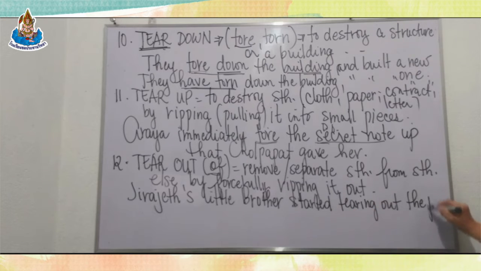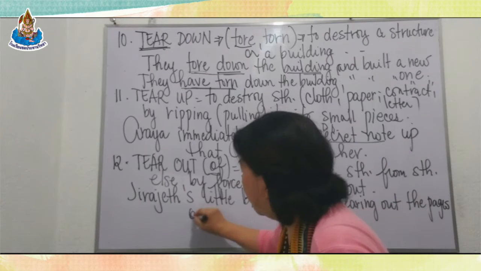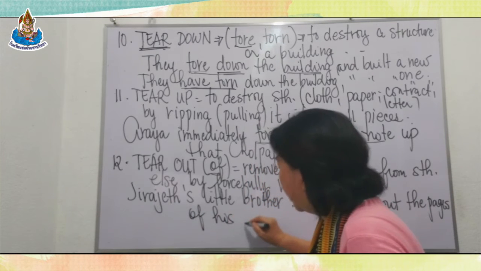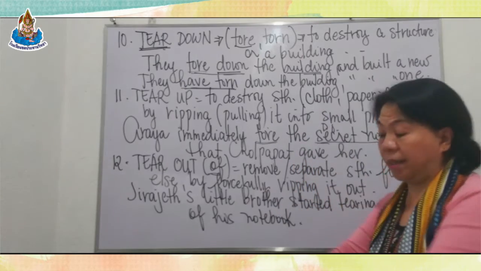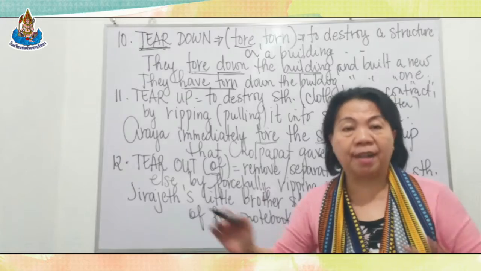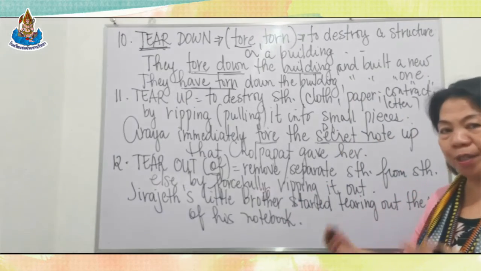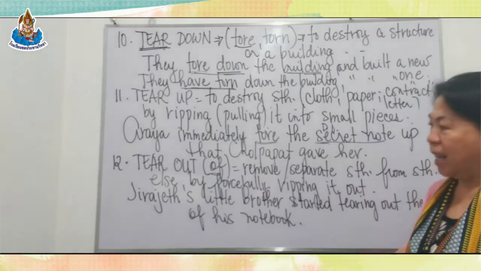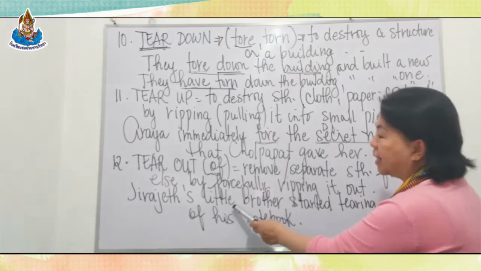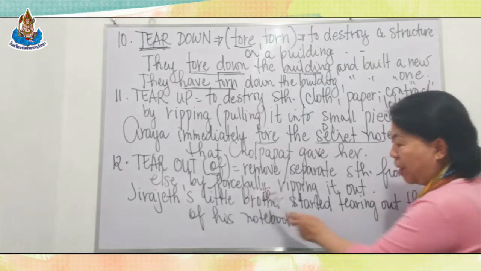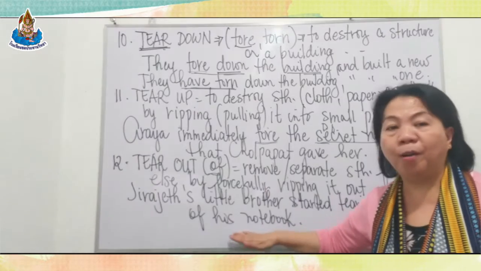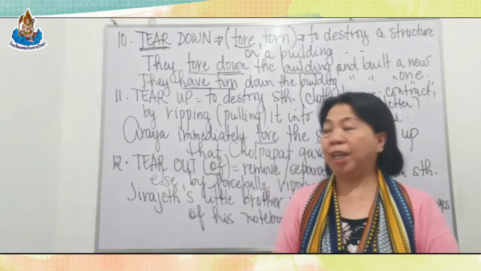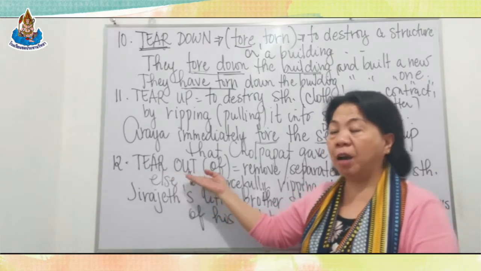So this is now your direct object, the pages of his notebook. Because the notebook is just scattered on the floor. And of course, you know how kids are. So then he played with it. Therefore, this little brother started tearing out the pages of the notebook of Jirajet. So that is the meaning of tear out of.